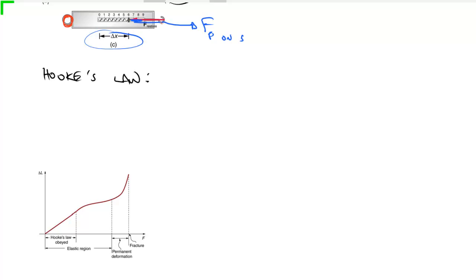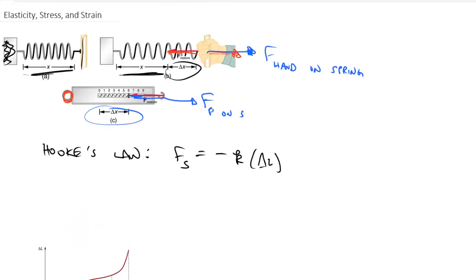What Hooke's law says is that the force the spring exerts on an object is negative k times the change in length here, really, sometimes it's better written as just a delta x. So the force the spring exerts is equal to negative k times delta x.